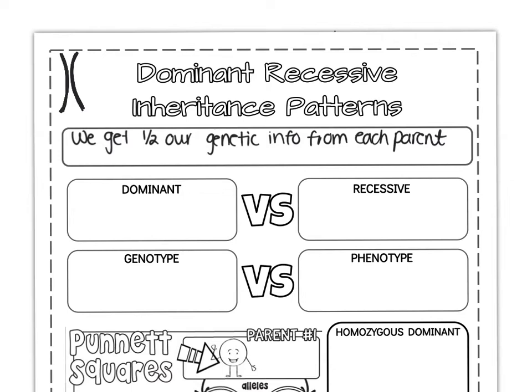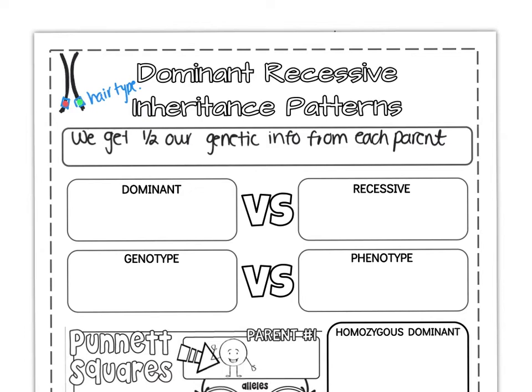So for instance, I may have a gene for my hair type, okay? And on this chromosome from both my mom and my dad, I have the gene for hair type here. I get a specific allele from my mom, and I get a specific allele from my dad.